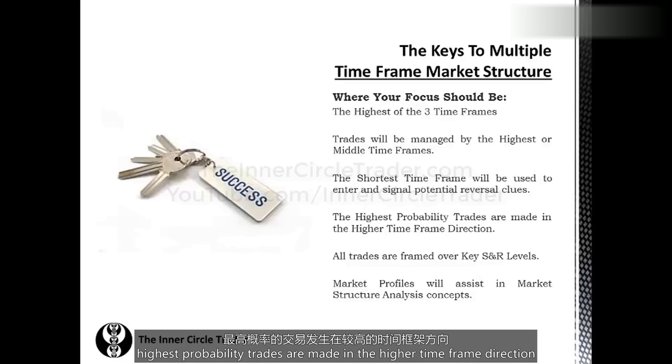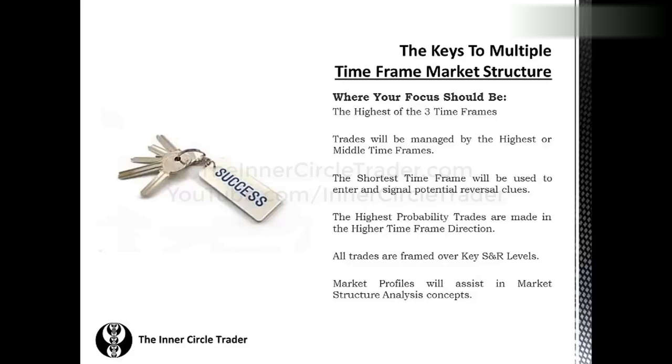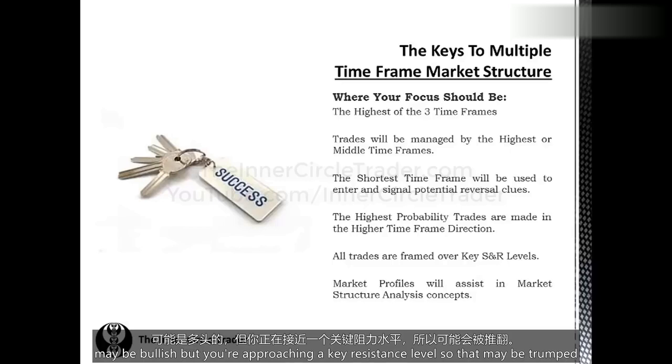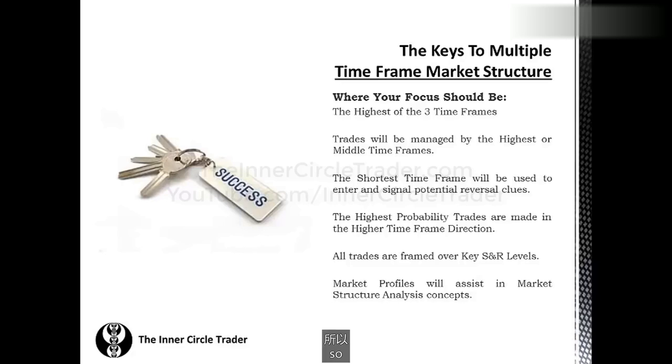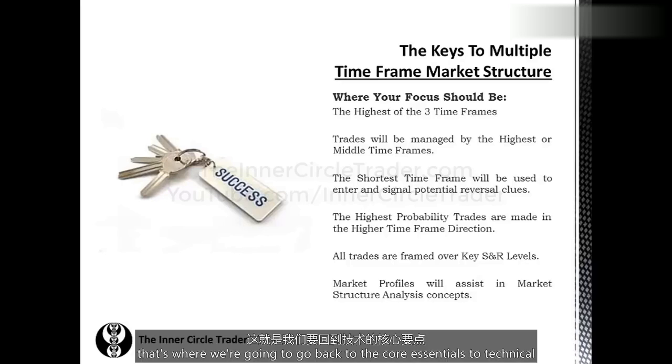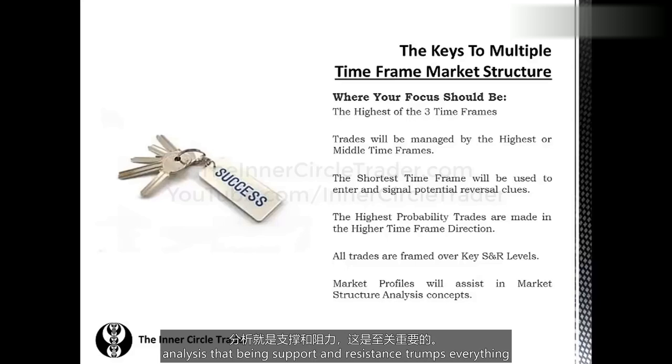The highest probability trades are made in the higher time frame direction. Now, there are going to be instances where the higher time frame premise may be bullish, but you're approaching a key resistance level, so that may be trumped. That's where we go back to the core essentials of technical analysis: support and resistance trumps everything.